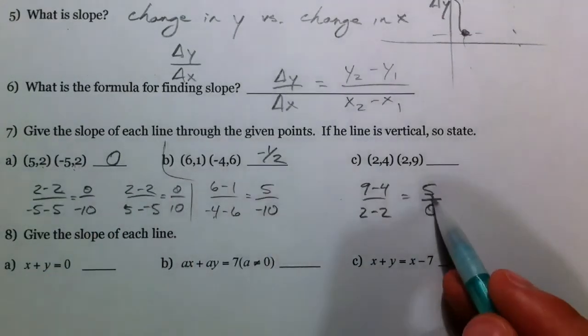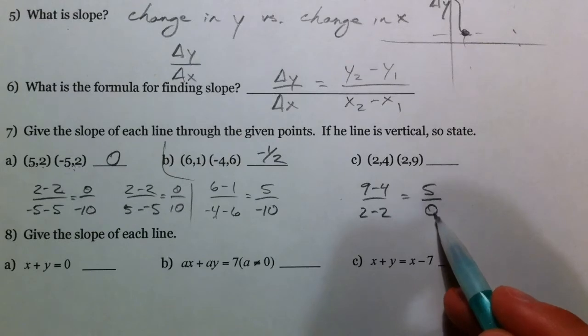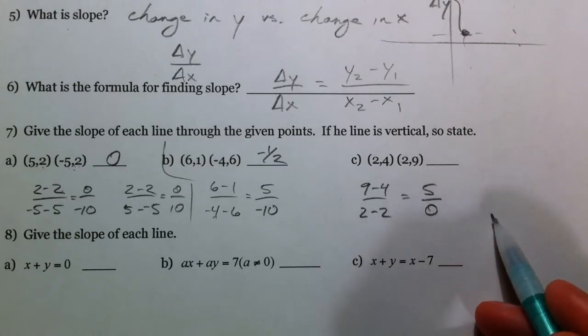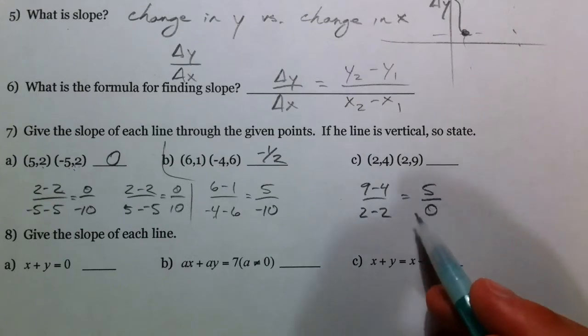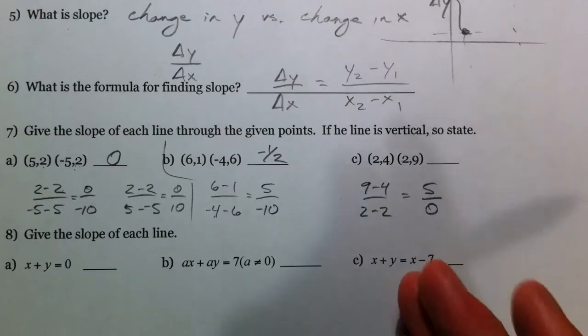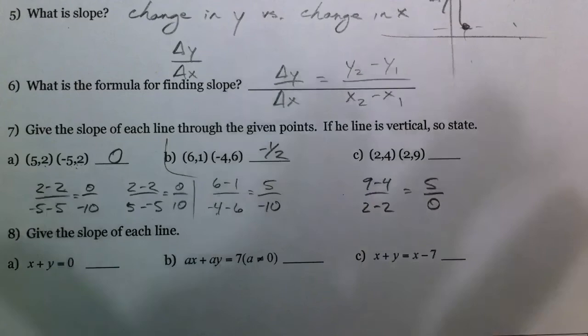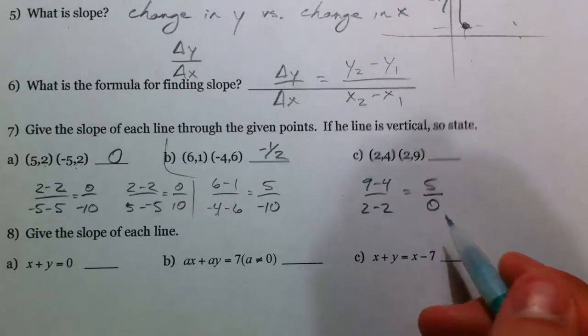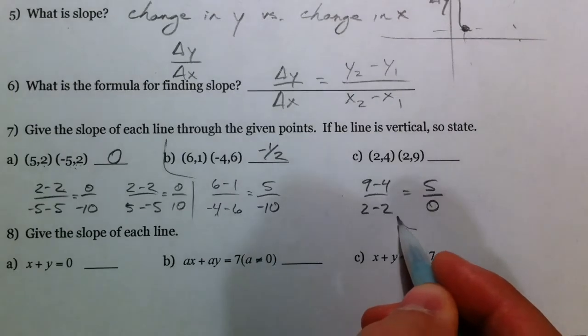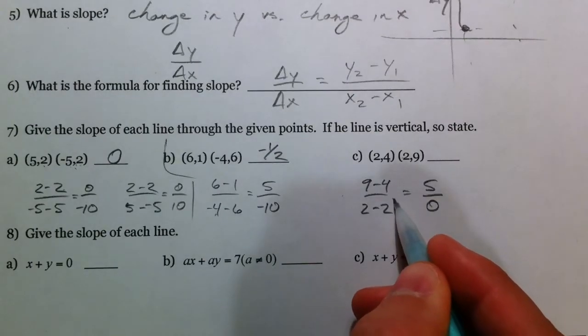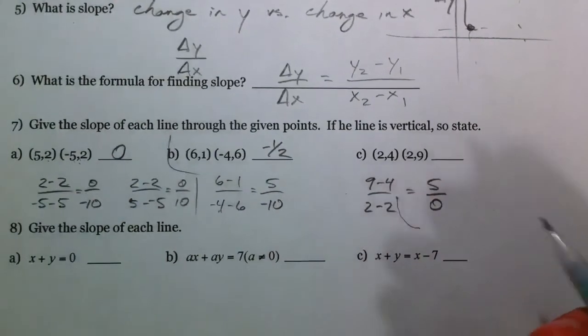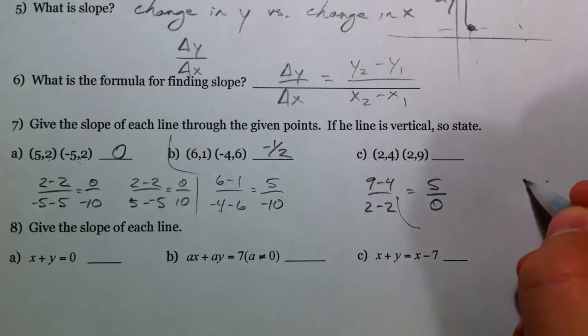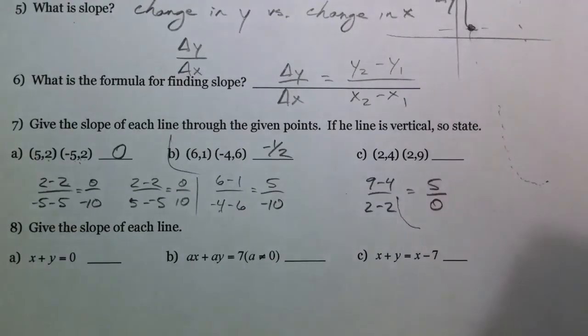But if you take 5 and split it up into 0 parts, well, if you split it up into 1/2, 1/4, and kept getting it smaller and smaller, your parts are going to increase in size eventually. The closer and closer you get to 0, the bigger and bigger it gets. So some people say, well, it's got to be infinity. The closer you get to dividing by 0, you get to infinity.